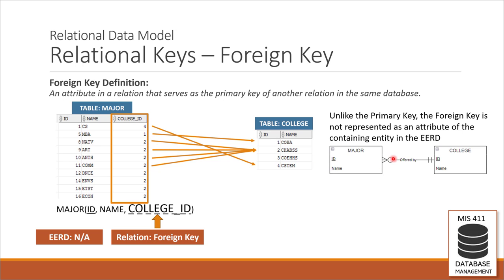You can see that sort of fan crow's foot shape. Here we have the major, and many majors can share the same college. But a major cannot be part of two colleges. Every major is offered by one and only one college. And so you can see this diagrammatically as you convert from EERDs into relations.